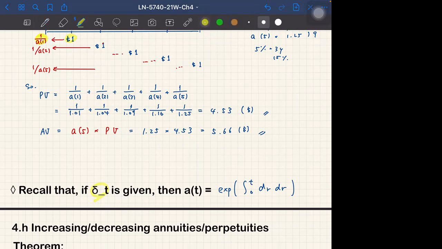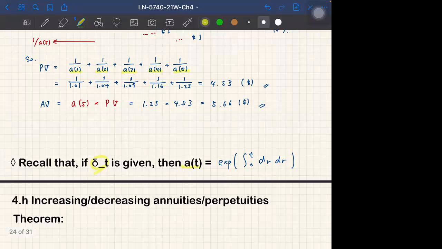Once you get A(t), you can calculate A(1), A(2), A(3), A(4), A(5). So you can calculate one by one. And we don't have any shortcut to calculate this summation at once.